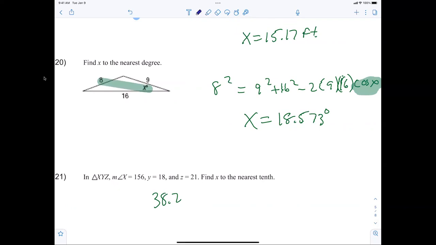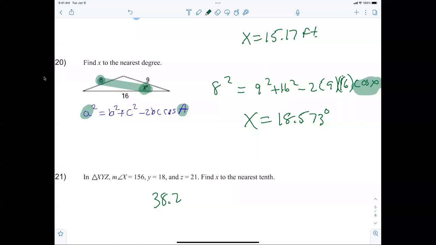So again, remember, law of cosines: a squared equals b squared plus c squared minus 2bc cosine A. This X is this 8, is A. Everybody understanding that?